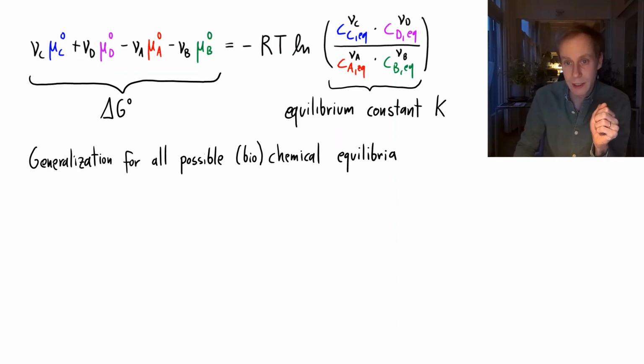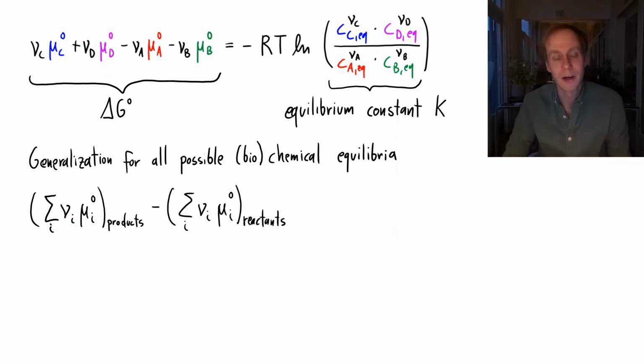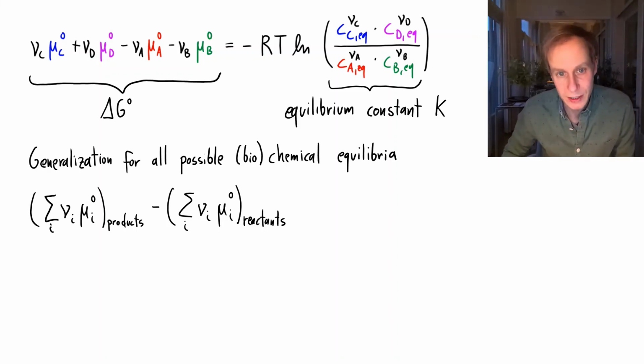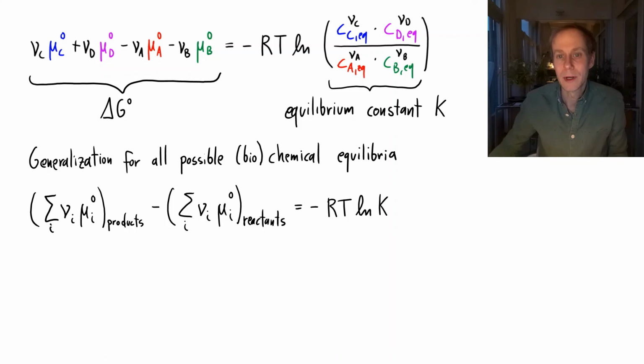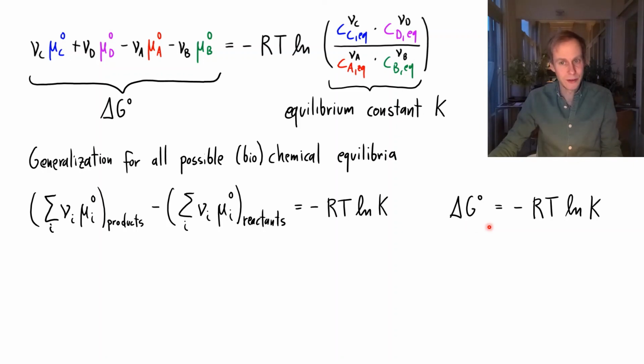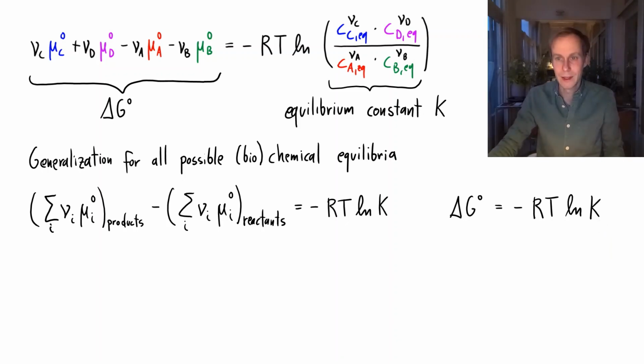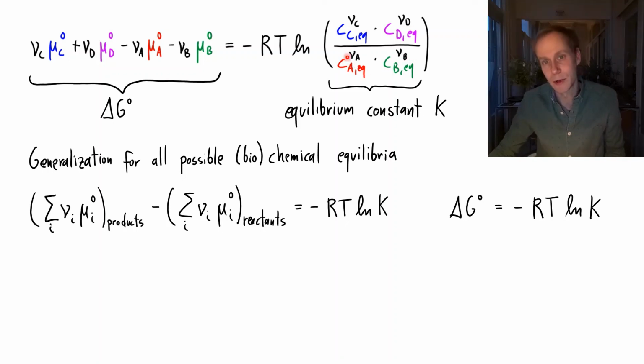We can always say that the sum of the chemical potentials at standard states of products minus the chemical potentials at standard states of the reactants, that subtraction equals the expression on the right side, which is minus RT times ln K. So more simply written, this free energy change at standard conditions equals this logarithmic dependence on the equilibrium constant. So the equilibrium constant tells us what the composition at equilibrium of reactants and products will be.